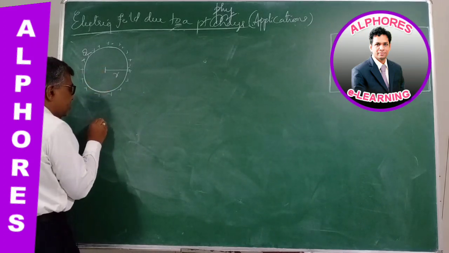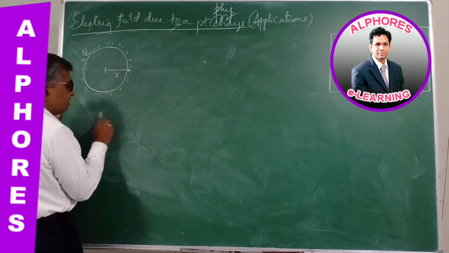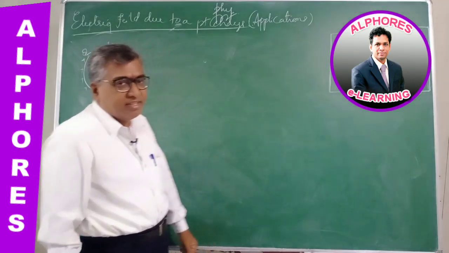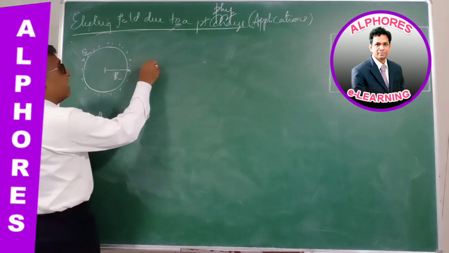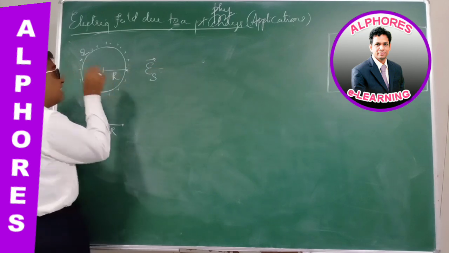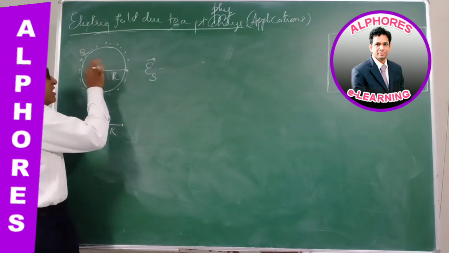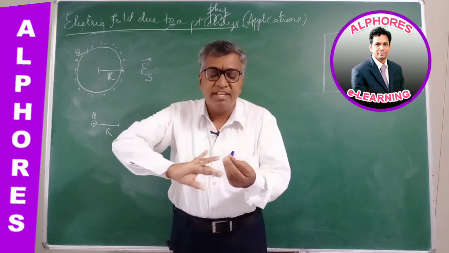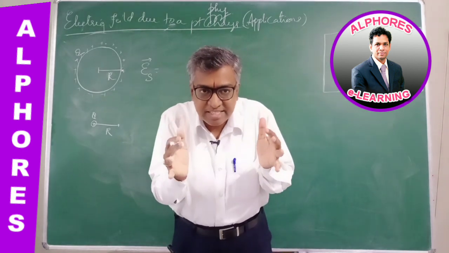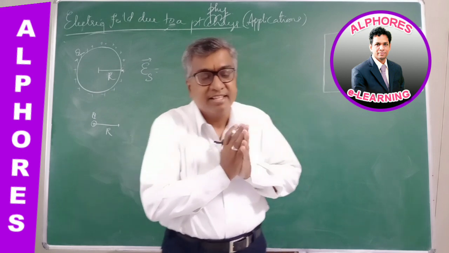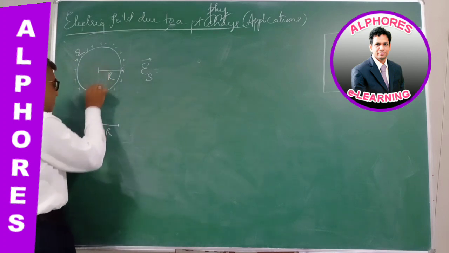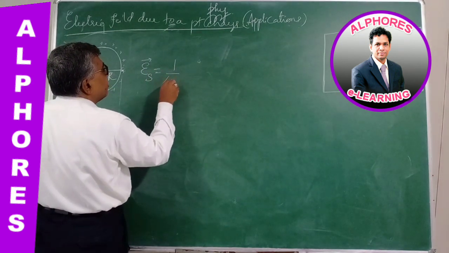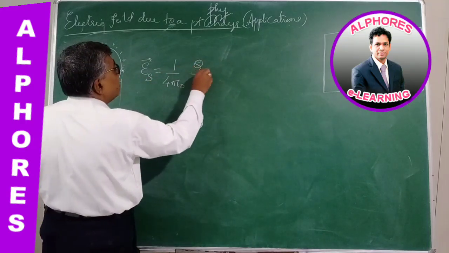Now it behaves as a point charge capital Q, and the distance of the point is the radius of the sphere, capital R. He is asking to find the electric field on the surface of the sphere, so that is at a distance R. Considering all the charge to be at the center, the electric field is 1 by 4 pi epsilon naught times charge Q by R square.